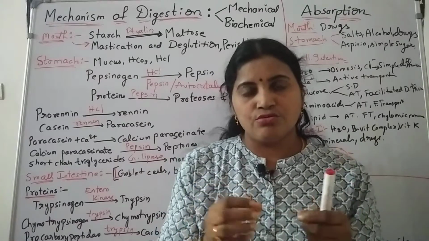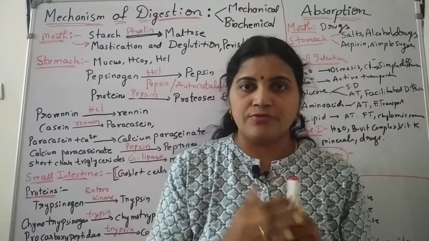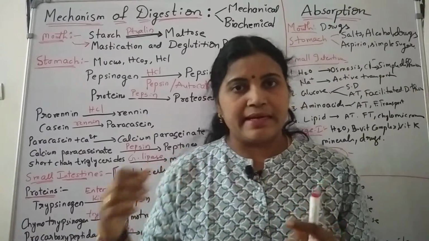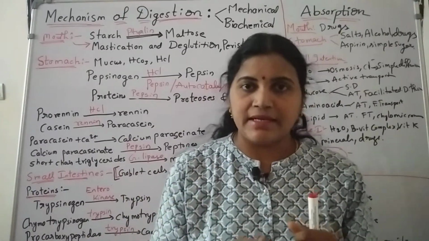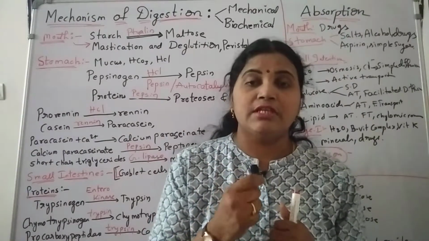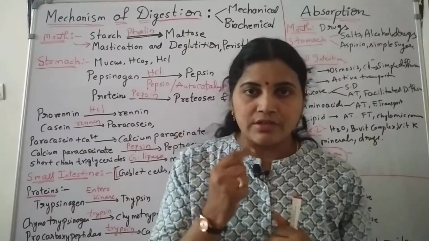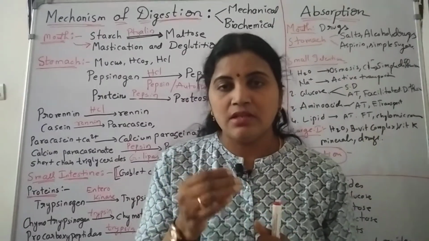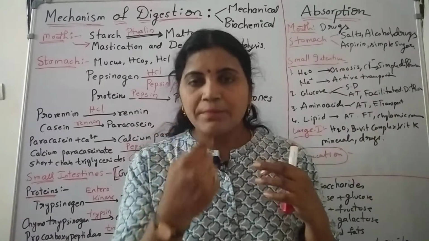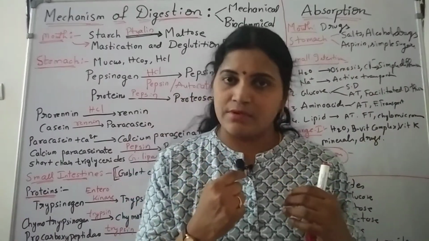So these four types of teeth are responsible for cutting the food and also breaking it down by grinding. After grinding, the material is going to mix with the saliva properly with the help of the tongue. Our tongue is not only for speech, it also plays a very important role in mixing the food with the saliva.